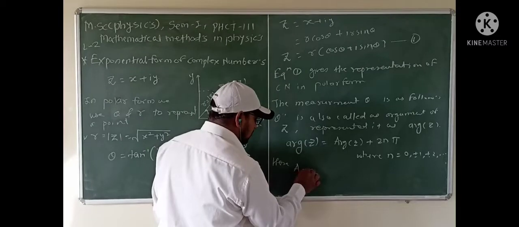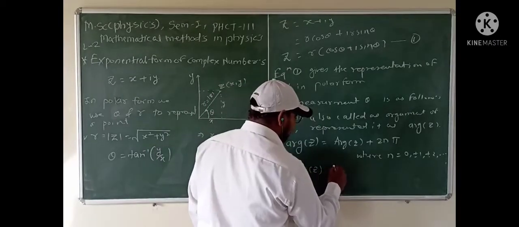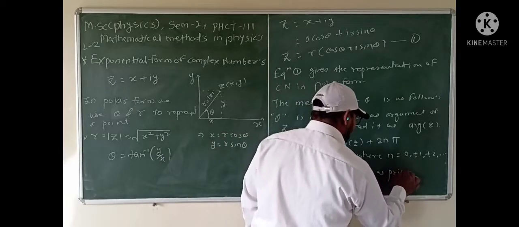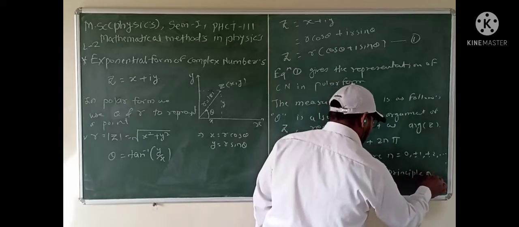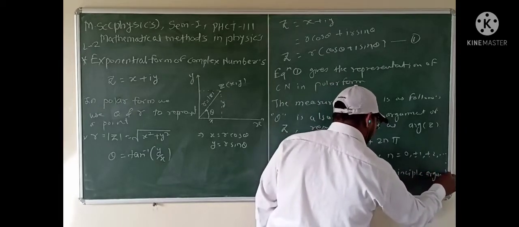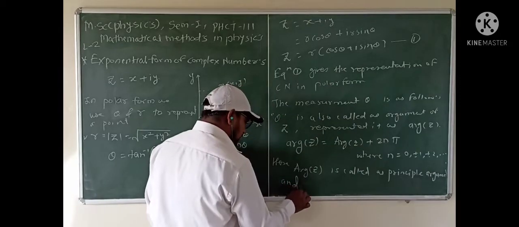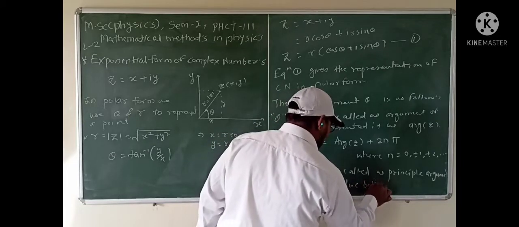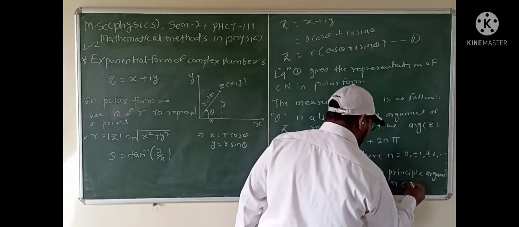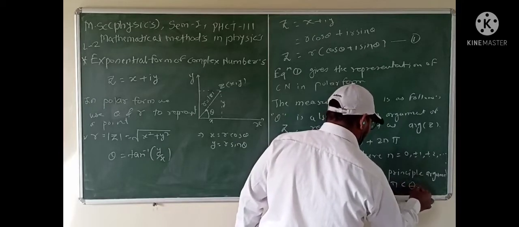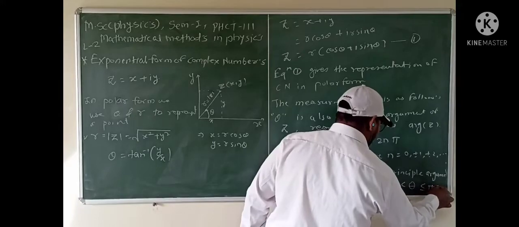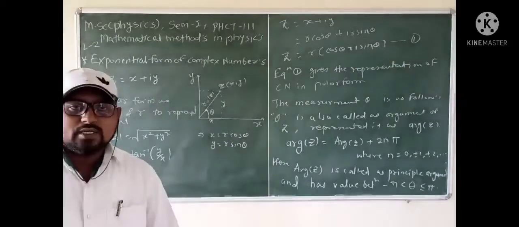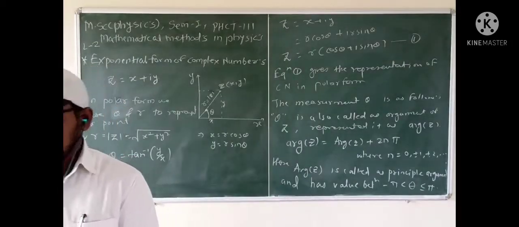The first term, capital Arg z, is called the principal argument, and it has values between minus pi and pi. The principal argument, represented by capital theta, satisfies minus pi less than theta less than or equal to pi.